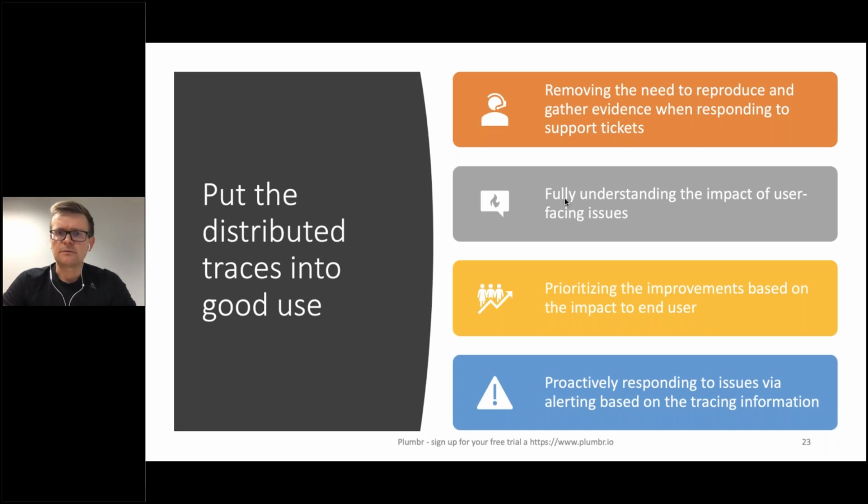Just for example, we'll start with something as simple as removing the need to reproduce or gather evidence when responding to support tickets, and then expand and understand how and whether we can actually turn it around, and instead of waiting for our end users to report bugs for us, maybe we can use the distributed traces proactively in order to expose the problems and respond to those before the users even call us. Let's see if this is possible, but let's start with simpler examples first.